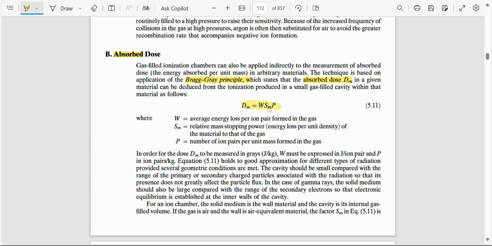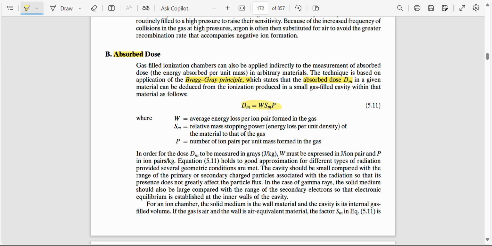This is how you can find the absorbed dose according to the Bragg-Gray principle. The unit of absorbed dose Dm is joule per kg, and it can also be called the gray, named after the scientist Gray. So the unit of absorbed dose is the gray, and a gray is a joule per kg.